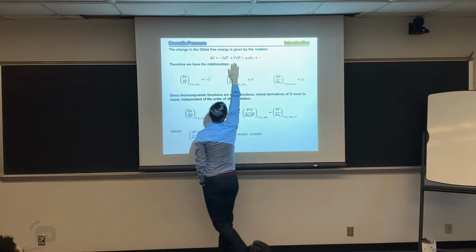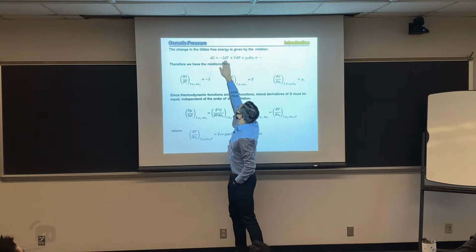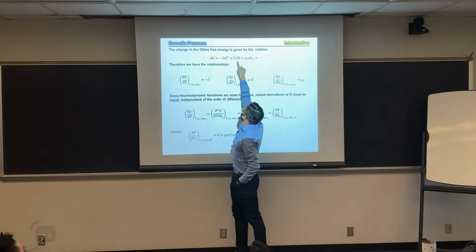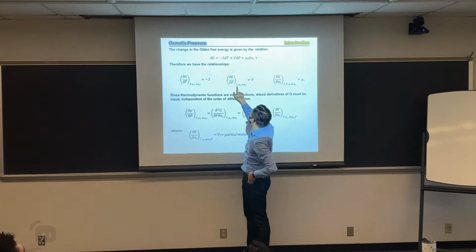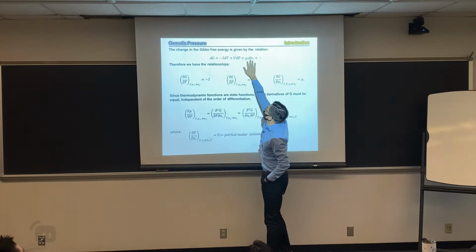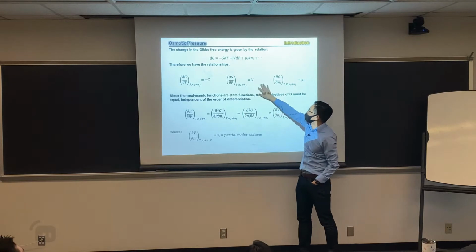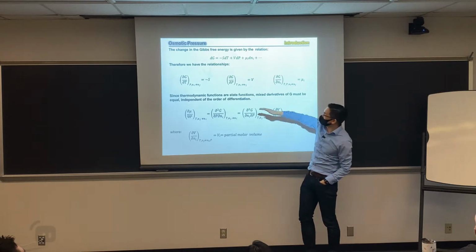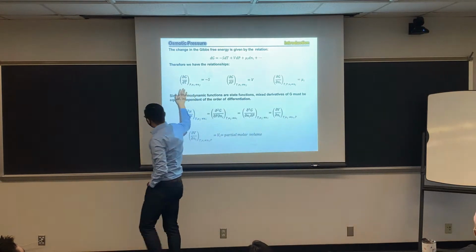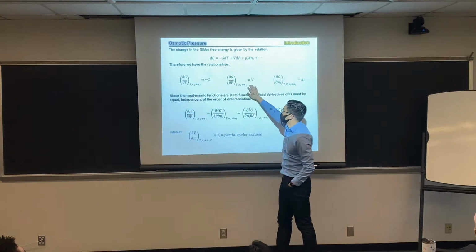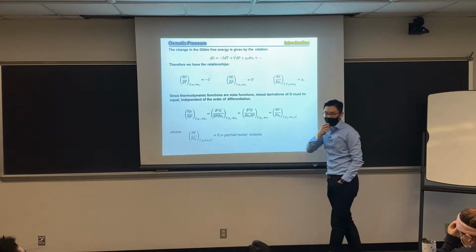We just break this top into 3 sections. If we take the partial derivative of G with respect to P, at a constant temperature and Ni, if T is constant, this will be 0, and this will be 0. So that's why we can write this. So this tells you free energy depends on entropy, volume, and mu at different partial derivative conditions.